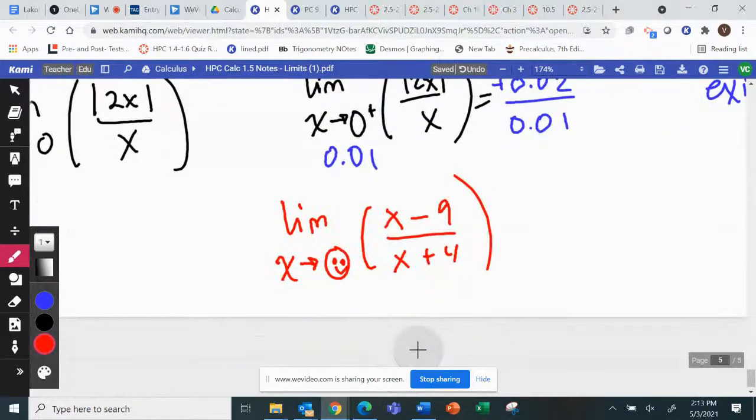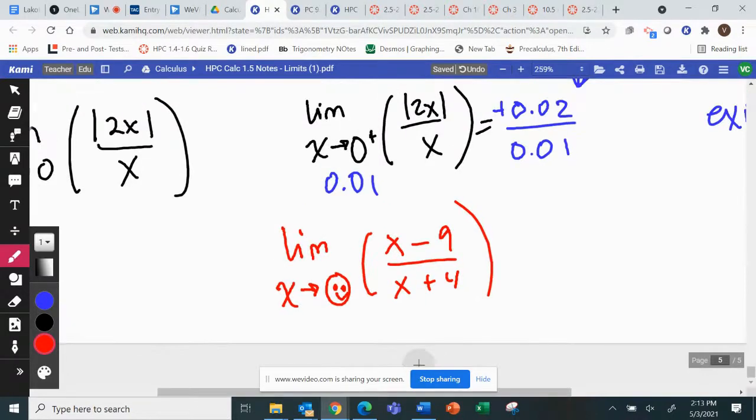But when I go to do this, maybe I'm going to try direct substitution. Will the denominator equal 0 and I'll have a problem with it? No, because smiley face plus 4 is smiley face plus 4. So I'll just have to leave the smiley face in there when I plug it in.